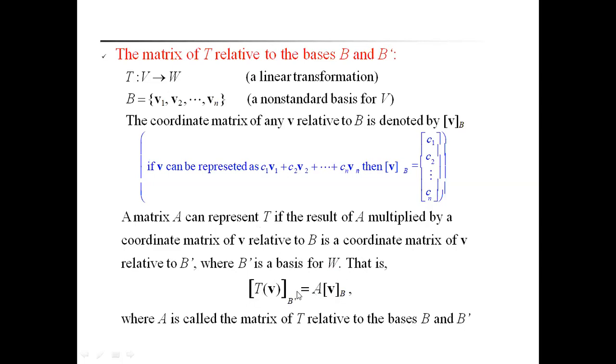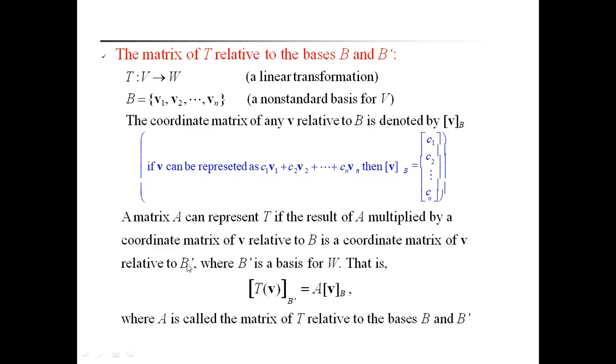Here A is called the matrix of T relative to the bases B and B dash. This is the way to represent the matrix of T relative to the bases B and B dash.